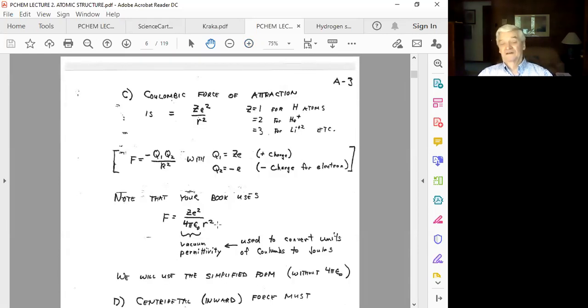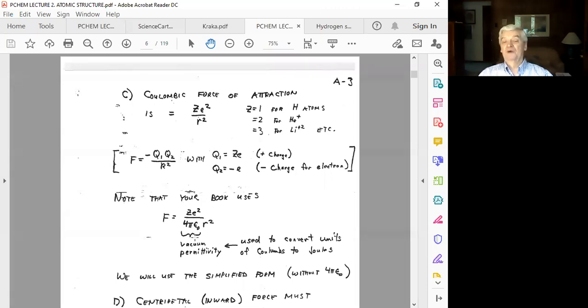Okay, so notice the difference between my formula and the book formula is 4 pi epsilon naught. This is called vacuum permittivity, and I'll talk about units later, but basically vacuum permittivity is a unit that converts coulombs into joules when we're talking about energy. And it also shows up here. Now, the reason I and many people don't like to use it in these kinds of derivations is you wind up having to manipulate this term.